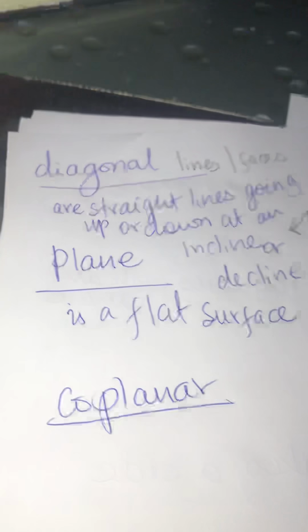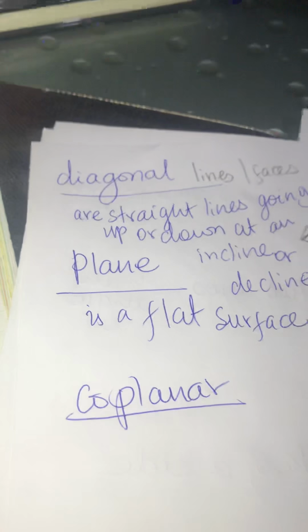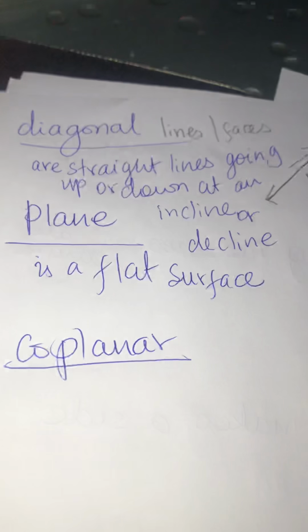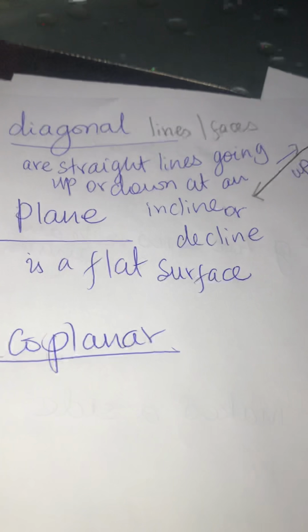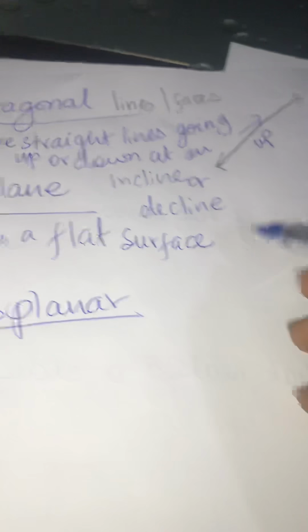It can be any two-dimensional shape. We will find out tomorrow if a circle is a plane. I think so. I will see later. I will let you know. But it is a flat surface. Can be any two-dimensional shape.